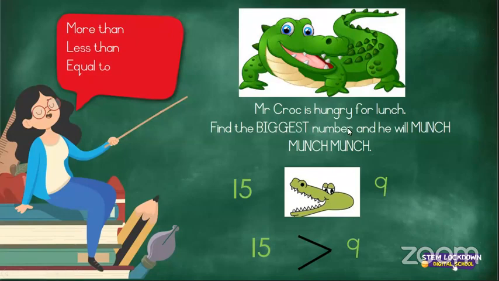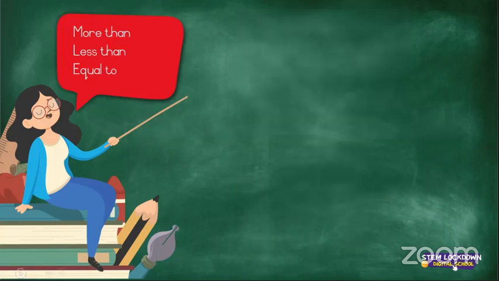Good. All right. So now we are going to practice drawing that symbol, okay? So let's go have a look. Right, we've got 24 and we've got the number 18. Which number is Mr. Croc going to eat, boys and girls? Aaliyah?